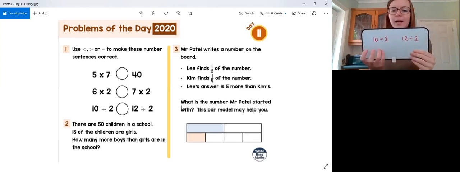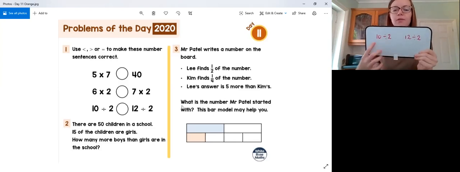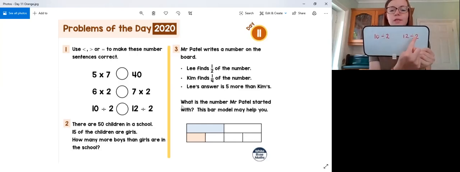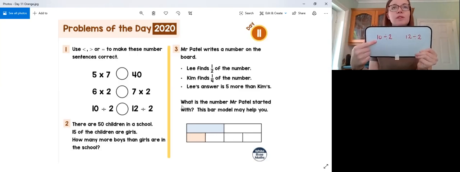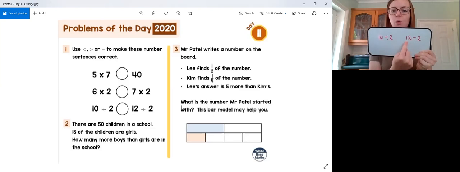But we don't have to calculate what it's equal to, just like above, because again, this one is split into 2 groups and this one is split into 2 groups. Now, if I start with 10 sweets over here and split it into 2 groups, and I start with 12 sweets over here and split it into 2 groups, I start with 2 more sweets. So each group is going to have more sweets in it.